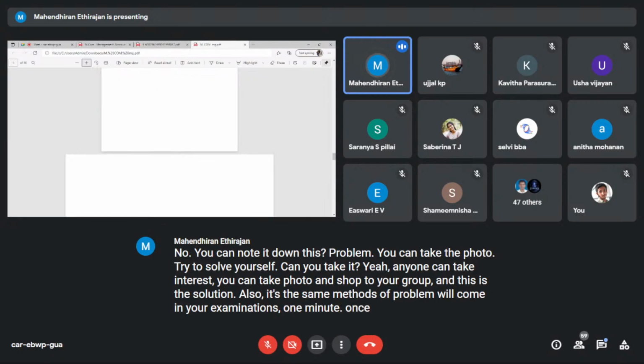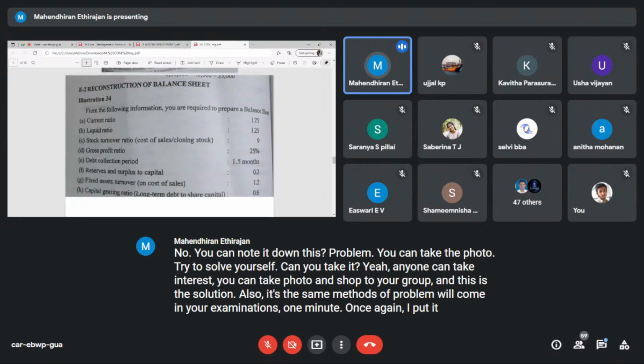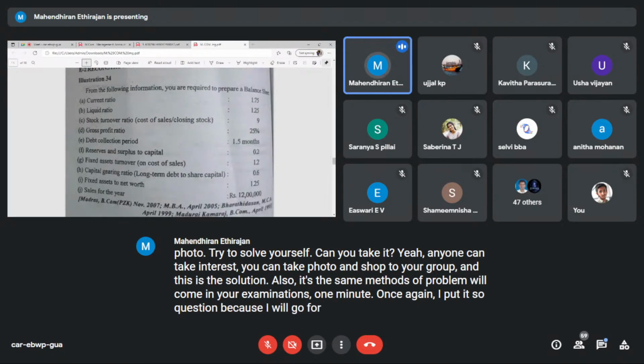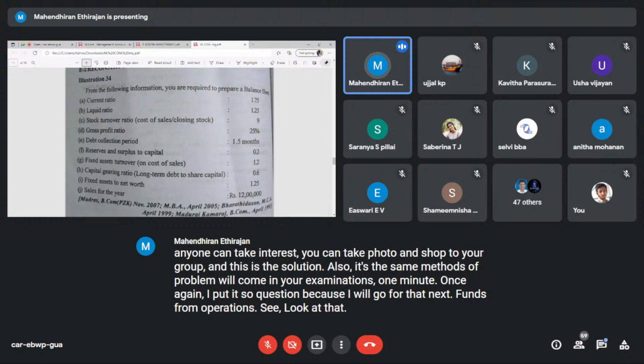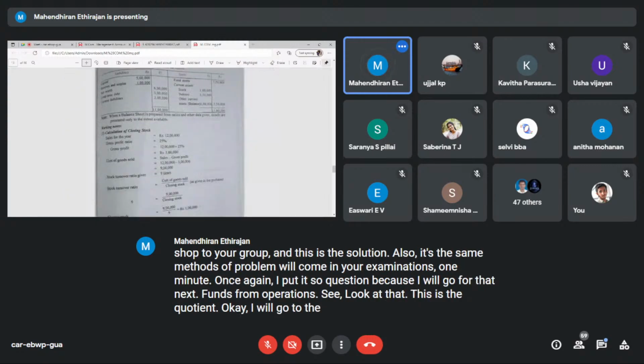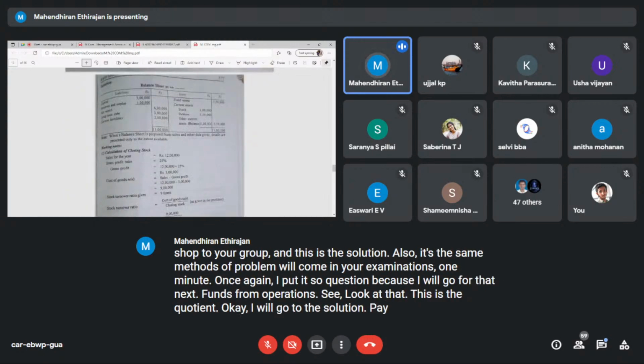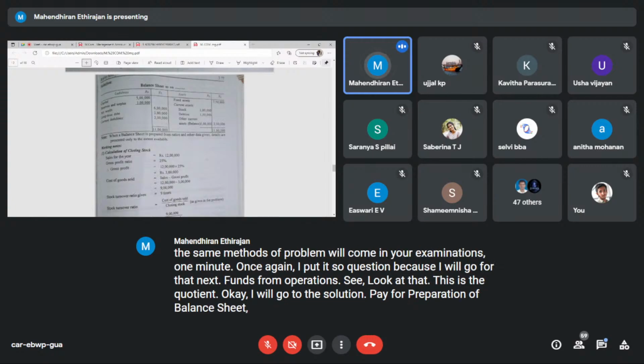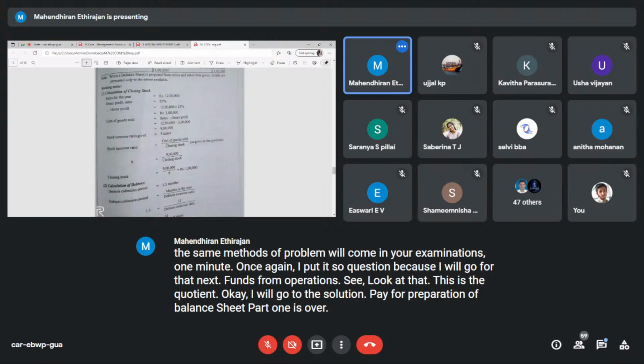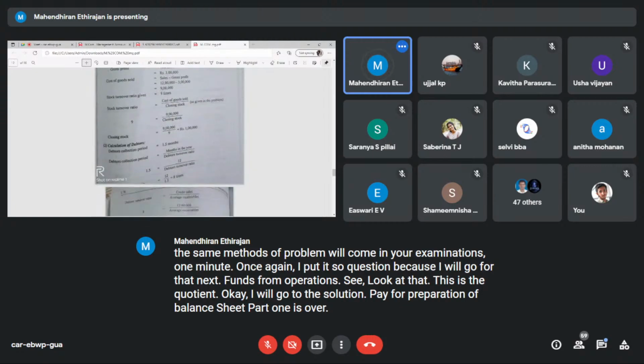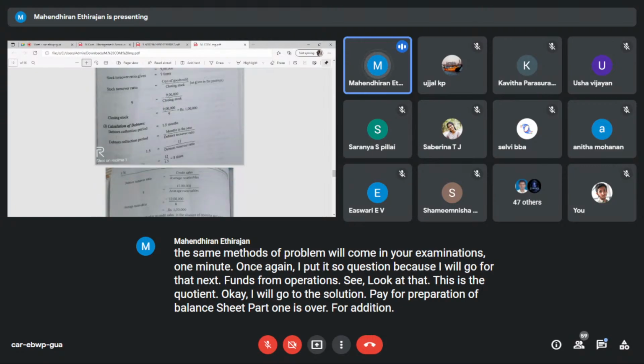Once again, I put up the question because I will go for funds from operations next. See, look at that. This is the question. Okay, I will go to the solution. For the preparation of the balance sheet, part 1 is over. For addition, take the photo.